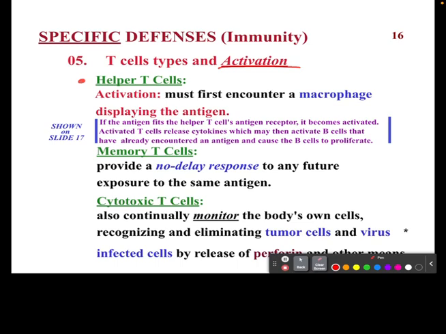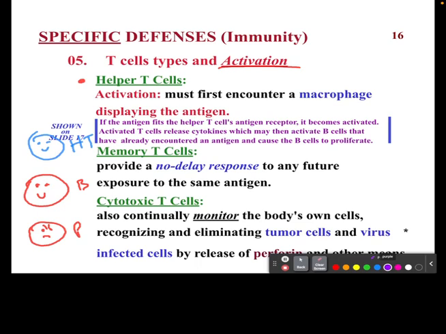So again, with the picture, here's the, let's say, B cell. Here's the pathogen. And I guess in blue over here, we'll do the helper T cell. Right? So here are three cells.